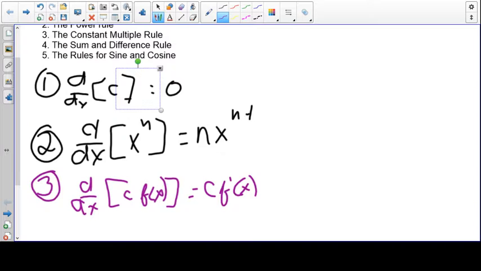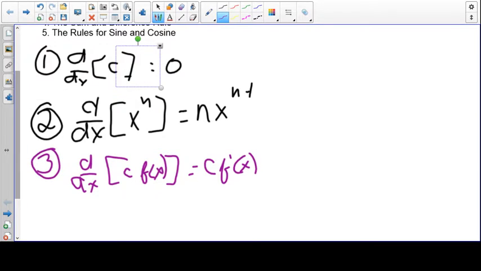If you haven't been paying attention to how I've been saying some of that: d over dx is how I say the derivative, or I can say the derivative of. A shorthand way to say that is d dx or d over dx. When I'm talking about the derivative of a function, again, that's f prime. So just be aware of some of those wordings.